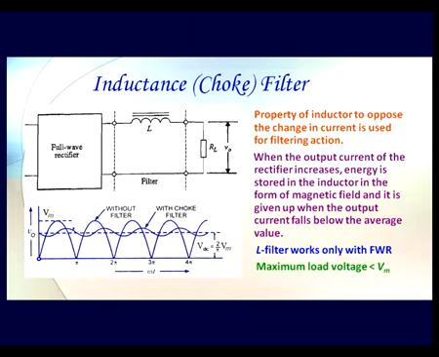So effectively this is also going to be operated on a similar principle, that the energy stored in the device is given to the load when there is no conduction happening from the output of the rectifier.